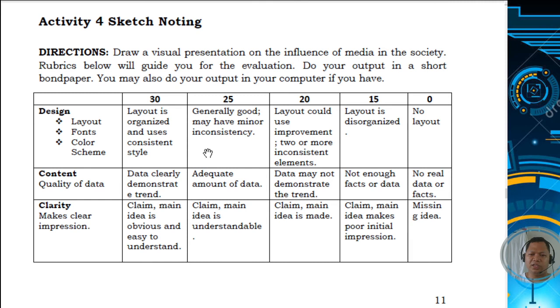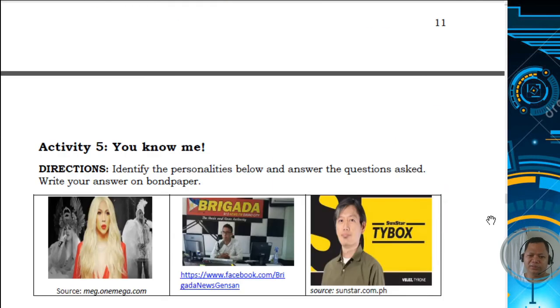Then you just read this down to 0, so 0 if no layout. For content, you have the quality of data. Data clearly demonstrates a trend. Then clarity makes a clear impression. So you read this rubric, and you will be guided on how I will grade your outputs. Is it clear? Okay, let's proceed.